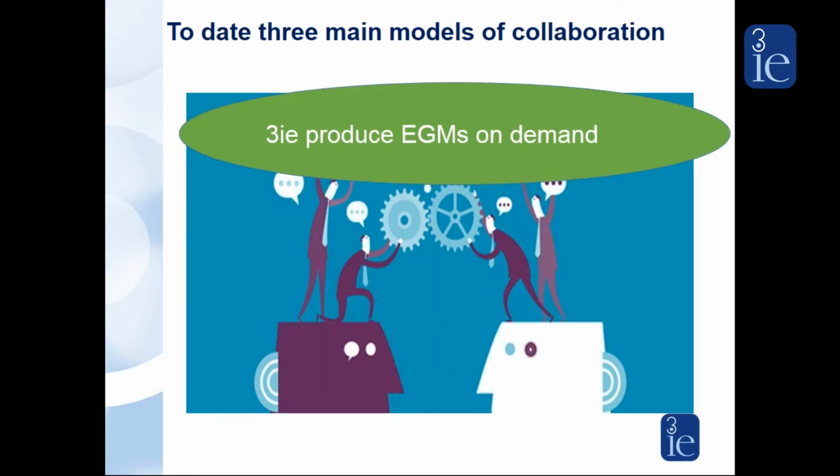The first one is that we produce evidence gap maps on demand. For example, at the moment we're working on an evidence gap map which is funded by USAID through NORC, on state-society relations, where the request for the map is coming from USAID in terms of the substantive scope, but 3IE is responsible for producing the map.